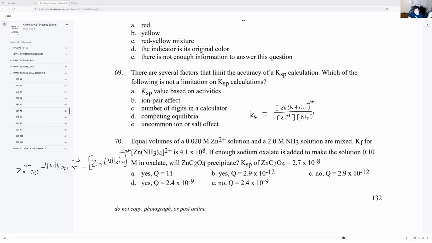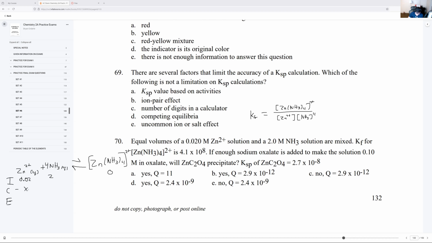We're going to have to write an ICE table anyway. So we have an ICE table in molarity. We start with 0.02 molar for zinc and 2 molar for NH3, and we're assuming we start with none of the complex.